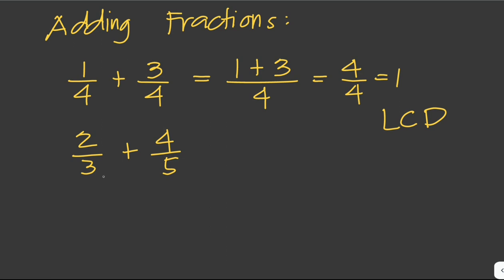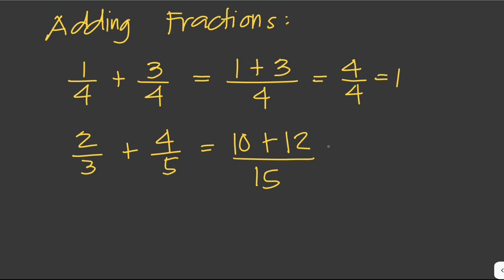Or you can just simply multiply 3 and 5. So the LCD here is 15. So 15 divided by 3 is 5. 5 times 2 is 10. Plus 15 divided by 5 is 3. 3 times 4 is 12. And then now we can add the numerators. So this is 22/15. Therefore 2/3 plus 4/5 is equal to 22/15.